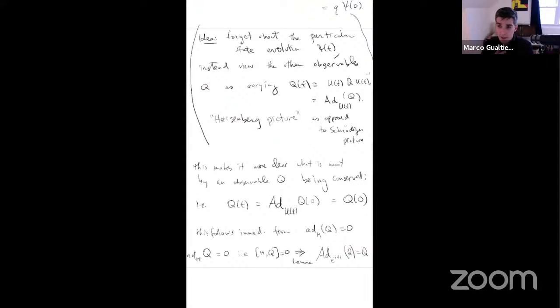Compare this with classical mechanics, where a function on the phase space is fixed by the Hamiltonian flow exactly when it Poisson commutes with the Hamiltonian. Similarly here, an observable that commutes with the Hamiltonian is fixed. Any questions about this?